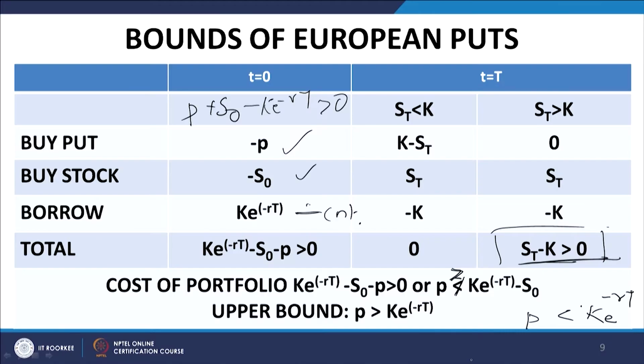E to the power minus R t, present value of what? Of the exercise price. So, these are the two bounds of the put option. The lower bound is K e to the power minus R t minus S naught, and the upper bound is K e to the power minus R t.